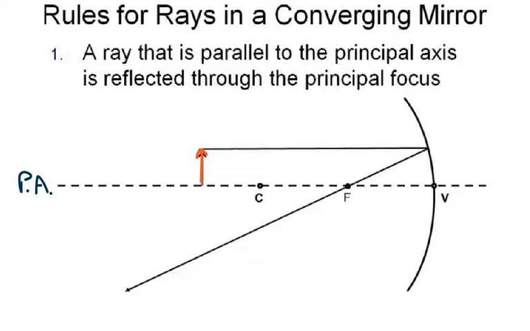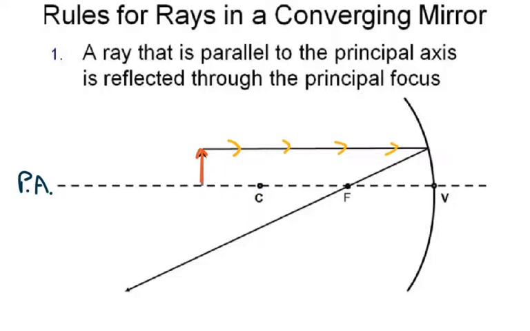In reality, light rays are coming from all angles. We just don't have the space to put all those light rays. So the first rule with all light coming from an object to a converging mirror: any light that begins by passing parallel to the principal axis, indicated with an arrow on it, and we can put a few, but one is good enough.